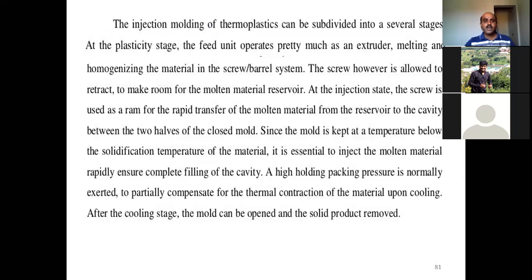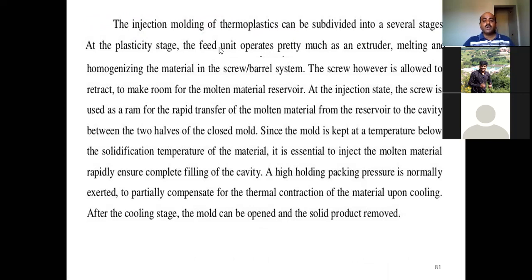Injection molding of thermoplastics can be divided into several stages. At the plasticizing stage, the feed unit operates pretty much as an extruder, melting and homogenizing the material in this barrel. The screw, however, is allowed to retract to make room for the molten material reservoir. At the injection stage, the screw is used as a ram for the rapid transfer of the molten material.